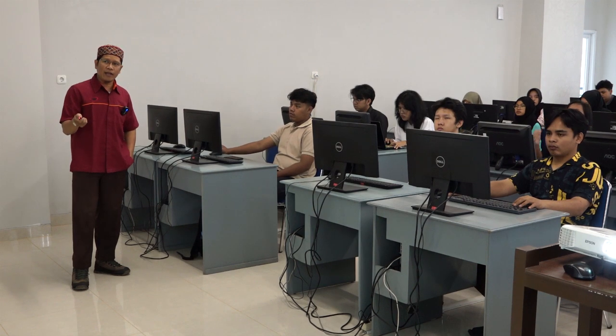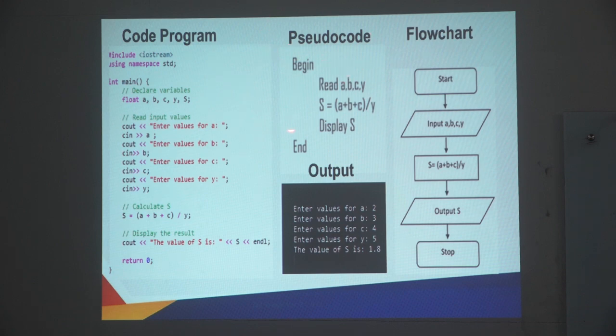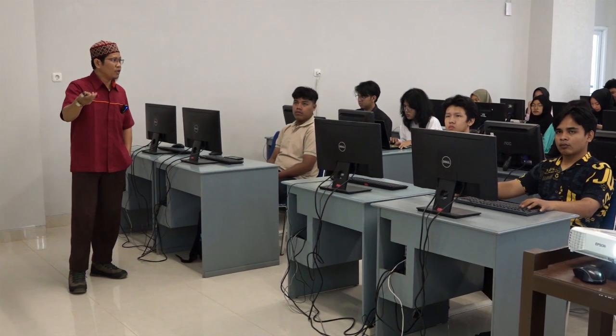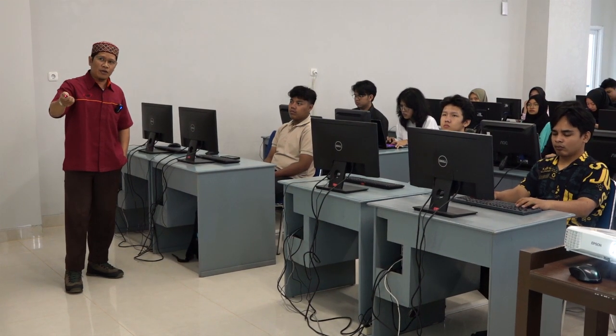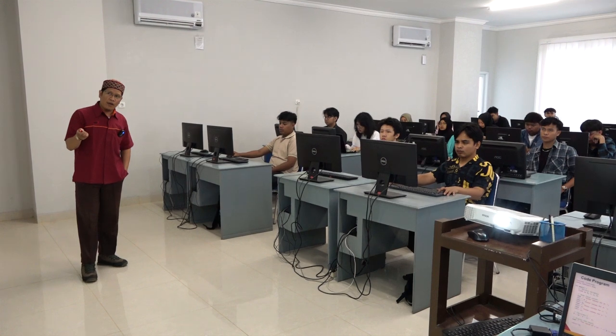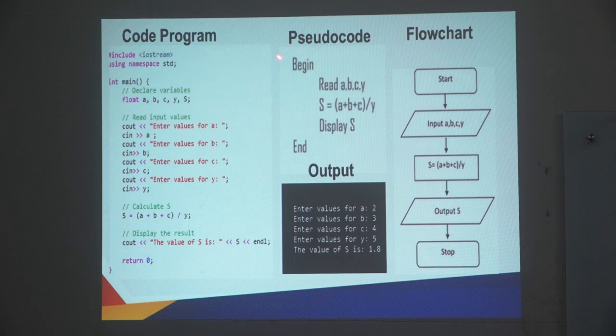Begin and end. Begin, and this is the body of the pseudocode, to read the input. Here we have to declare the input, and the data type is floating point, and read A, B, C, and Y. There are 4 variables here, and S is the formulation to make the calculation: A plus B plus C, and the result from this operand will be divided by Y, and display the output.